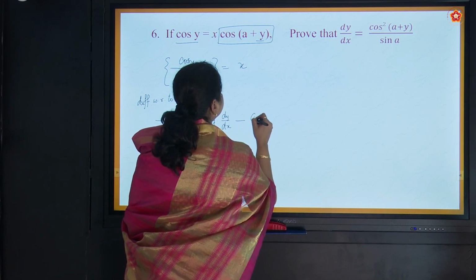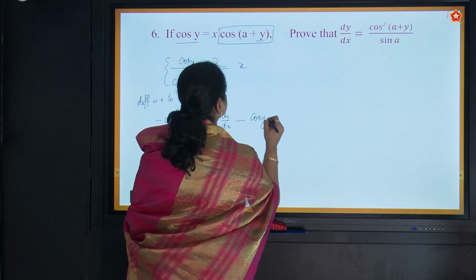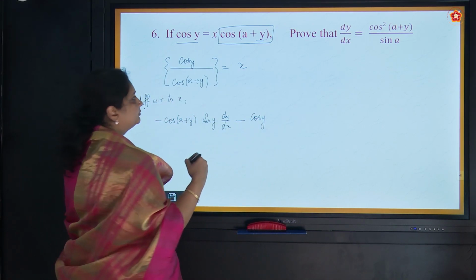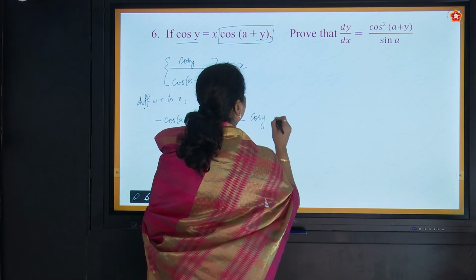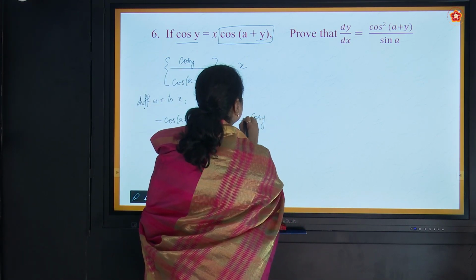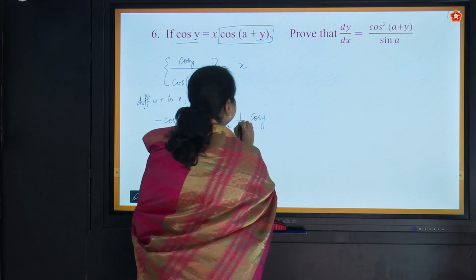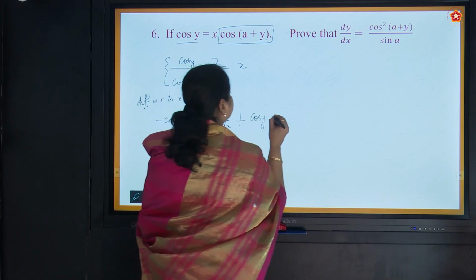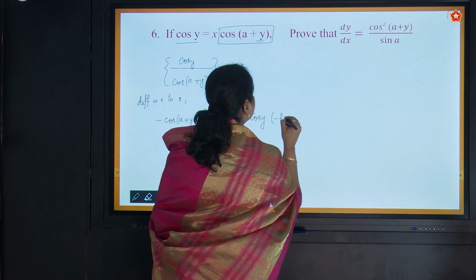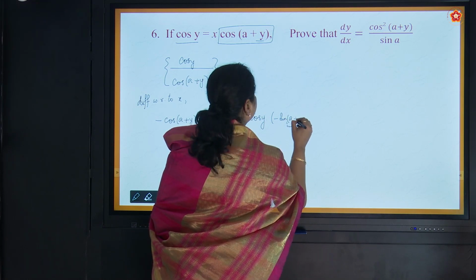Minus, keep the numerator constant, differentiate the denominator. Cos of (a plus y) on differentiation gives you minus sin of (a plus y). Let's make this plus here because I get a negative term now.